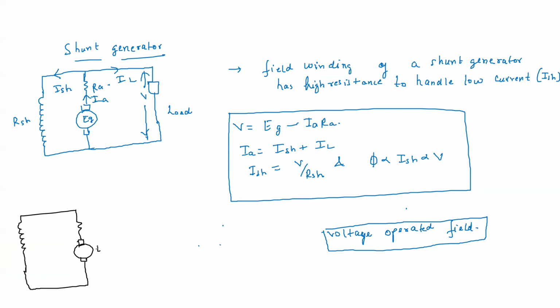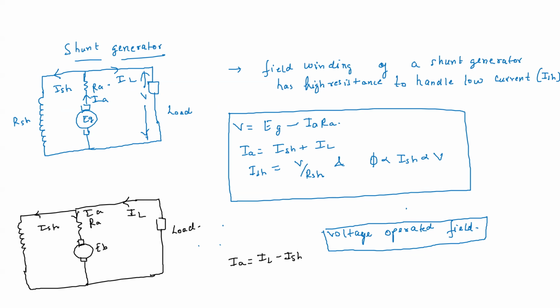This is EB, this is RA. This is the current direction, this direction, this direction. Here IA is equal to IL minus ISH.